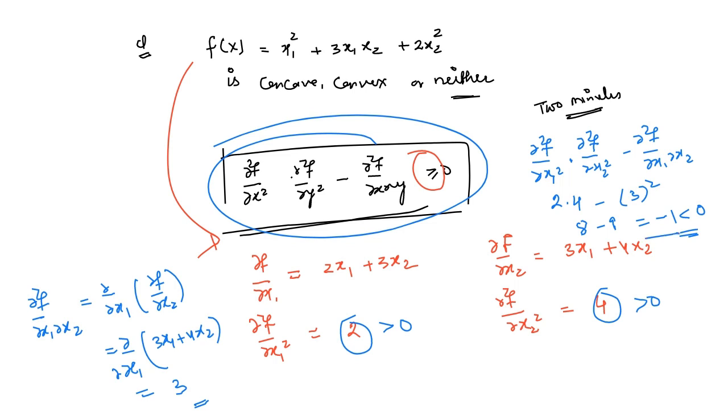So in such a case, we write this function is neither concave nor convex, because 8 minus 9, minus 1, is less than 0.